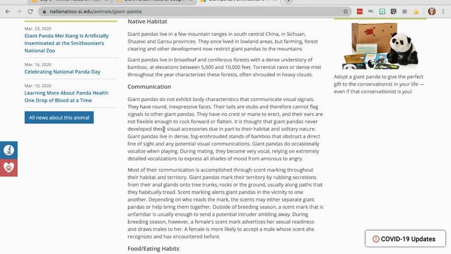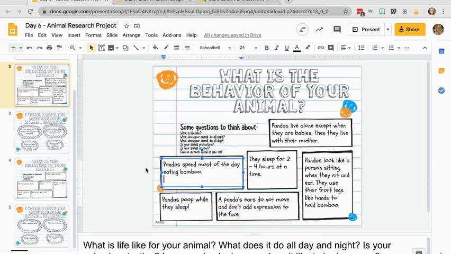Their tails are stubs and therefore cannot flag signals to other giant pandas. They have no crest or mane to erect, and their ears are not flexible enough to cock forward or flatten. It is thought that giant pandas never developed these visual accessories due in part to their habitat and solitary nature. So it's sounding like they don't need to communicate a whole lot because they're always by themselves. I think that's pretty interesting.